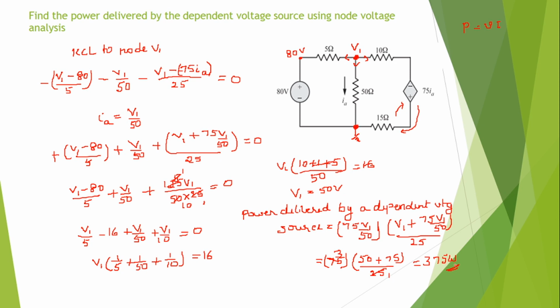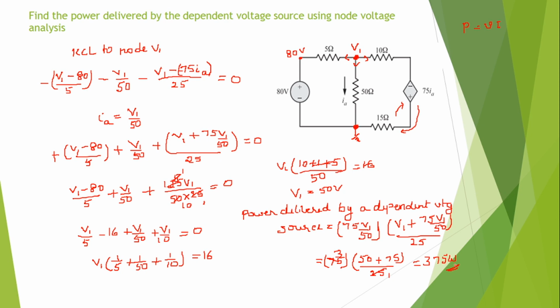So whenever the network consists of a dependent voltage source or dependent current source, we apply mesh analysis or node voltage analysis in a similar fashion to the general network.